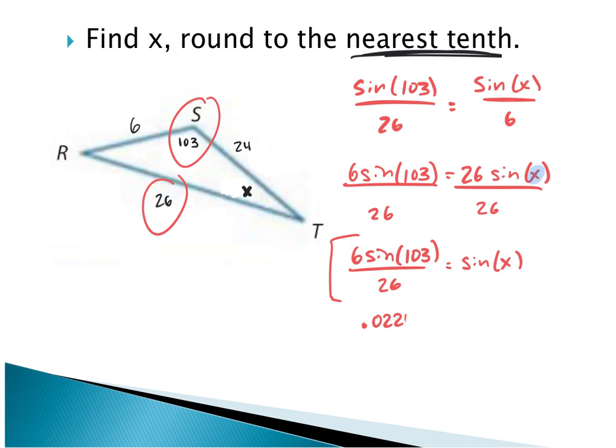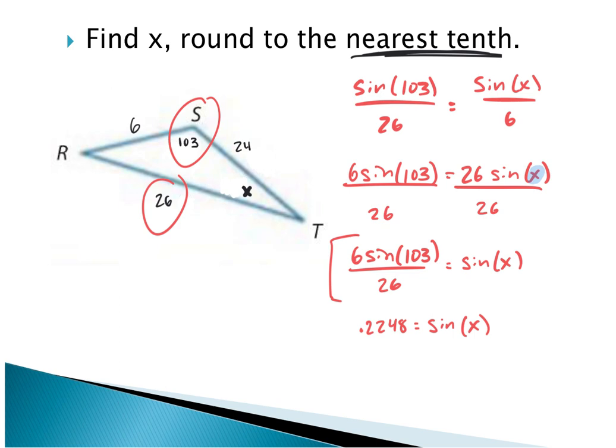Now, the other reason why I like plugging it in the calculator is I get to check the decimal. See, if this decimal, 0.2248, there we go. Now, if this decimal is over 1 or under -1, then something went wrong.